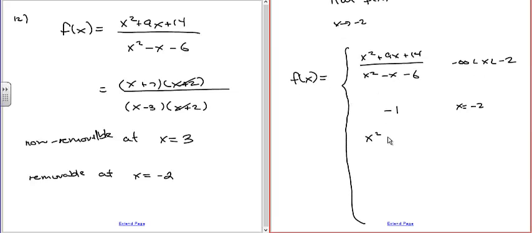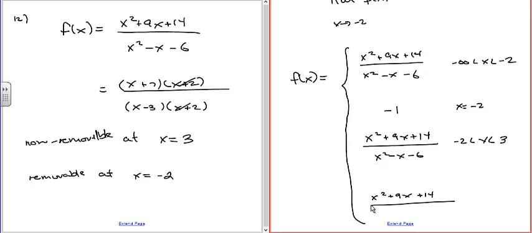Then again, the function is normal between negative 2 and 3, where the non-removable discontinuity is. And the function does not exist at 3, so we won't include that in our domain.